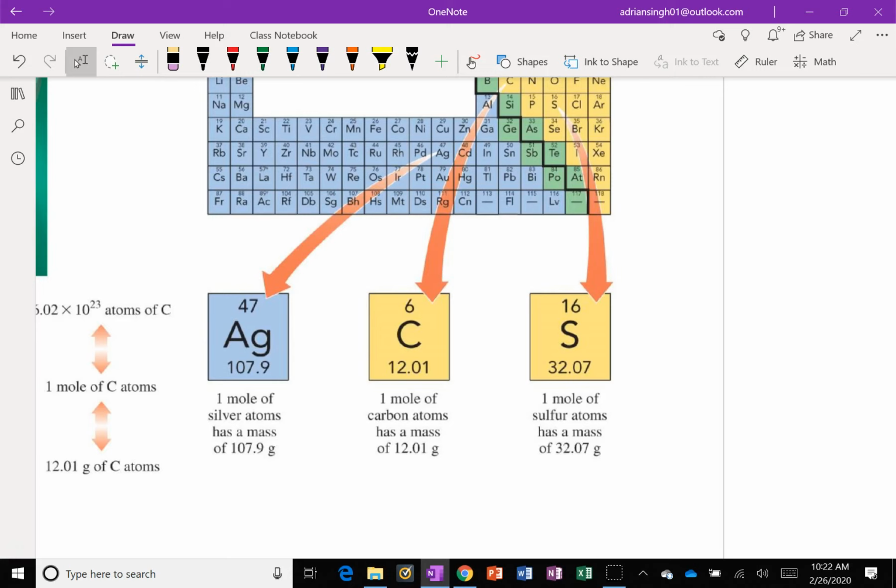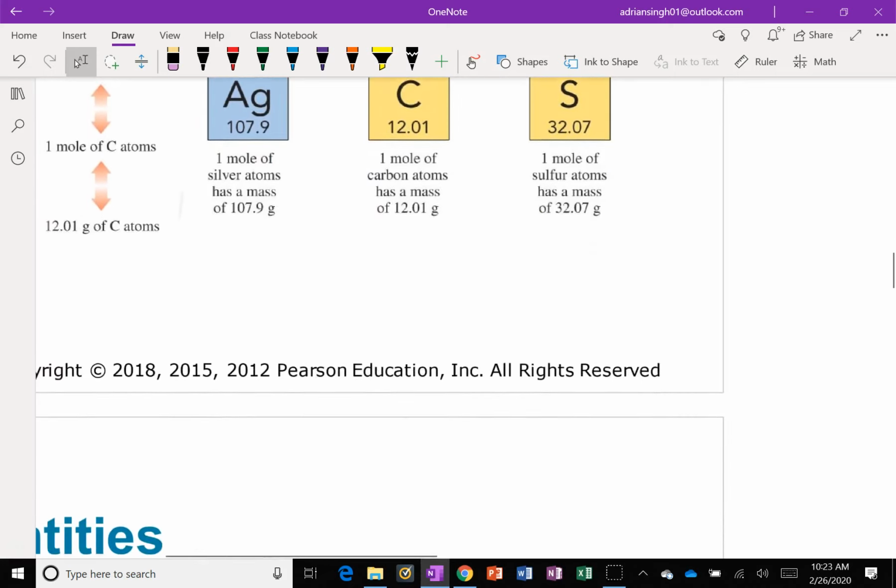So they all contain the same number of atoms. There's Avogadro's number of atoms here, 6.02 times 10 to the 23. Silver has a bigger mass than the same number of carbon atoms. Why? Because each atom of silver is heavier than an atom of carbon. So the overall mass then is going to be different, right? But they all contain the same number of atoms if you're talking about 1 mole of anything.